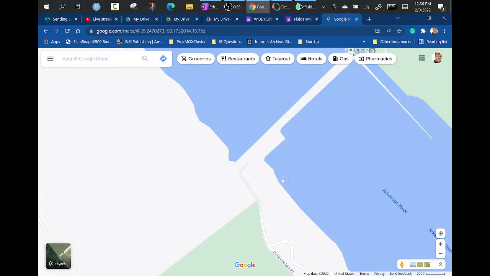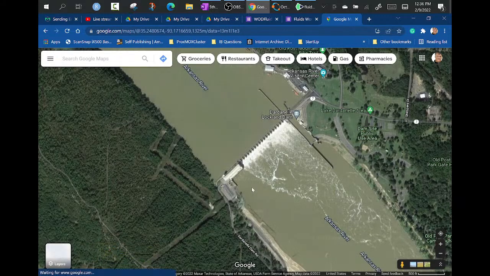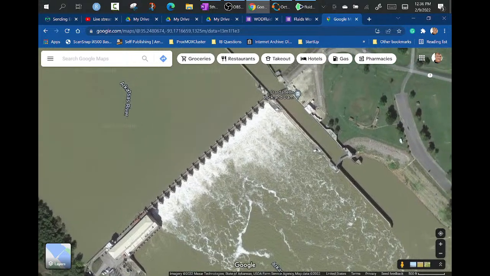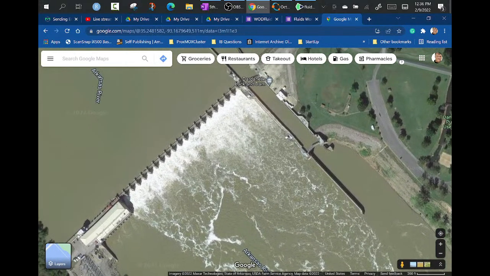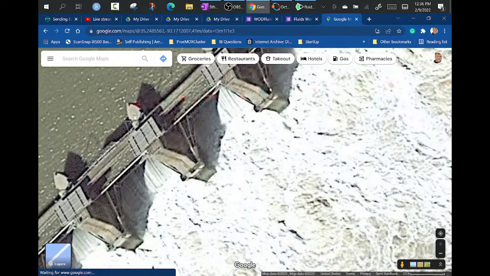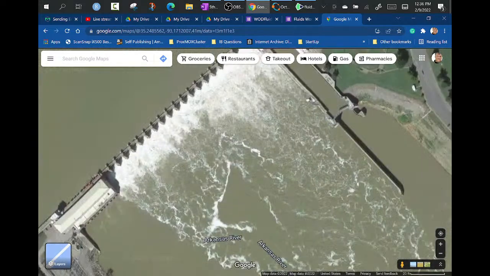No pictures here. That's okay. Somebody had to have taken a picture here. Anyway, if you get up here to the spillway, I don't know if you can see this. We can kind of see it a little bit. These gates are all curved. So they are all curved like this, and the water fits underneath.